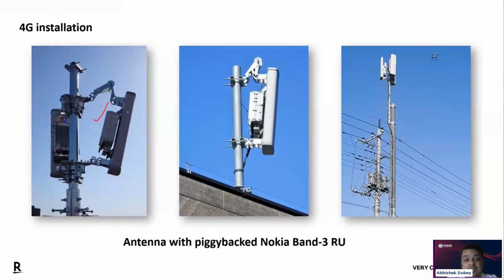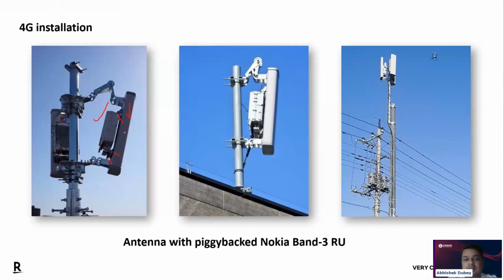This RU is integrated with the antenna. There is a 2-port below and 2-port on the upper side of the antenna. Usually we are using a 4x4 antenna for this band in 4G, and there is no jumper cable. So whatever the jumper cable loss is, usually 4 to 5 dB, we have reduced here in our deployment.